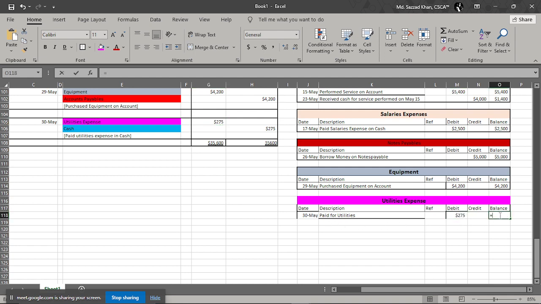Utility expenses act like the asset account. An increase will be a debit entry, so the normal opening balance would be a debit balance. Utility expense is also an expense account with the same characteristics as the asset account, so its opening balance will also be a debit balance.